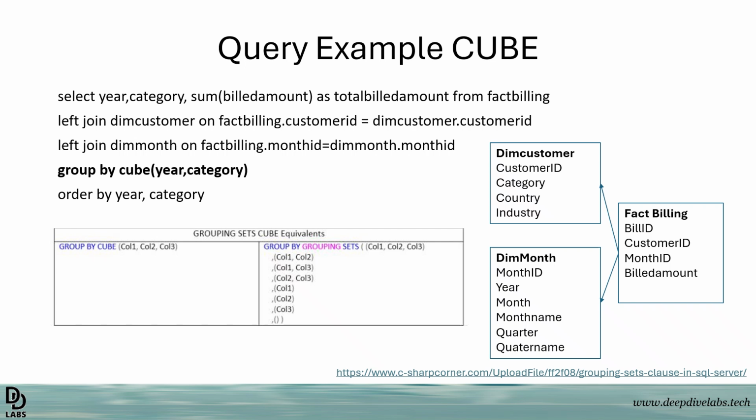So typically group by cube gives you a lot more rows than your roll-up or your grouping sets, right? Because it looks at different combinations of your values. Because your data is optimized for data retrieval, these cube and roll-up queries tend to work much faster in a data warehouse system.